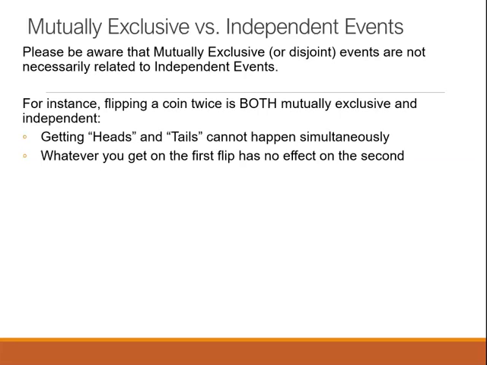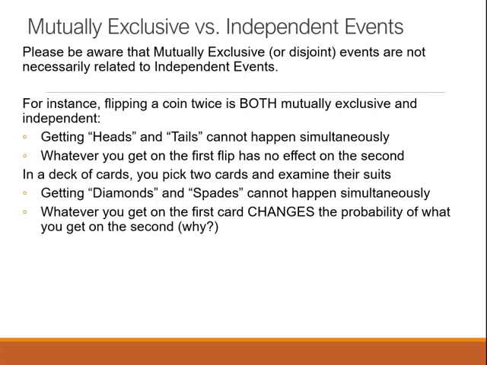Can't get both heads and tails on a coin flip. Mutually exclusive. Independent because one coin flip doesn't have any effect on the next coin flip. That's independent. In a deck of cards, you pick 2 cards and examine their suits. For example, getting diamonds and spades can't happen at the same time. Those are independent.